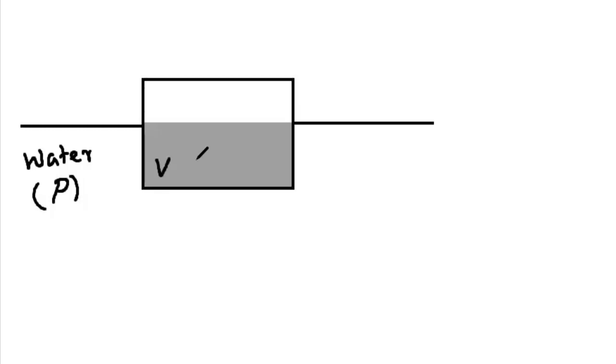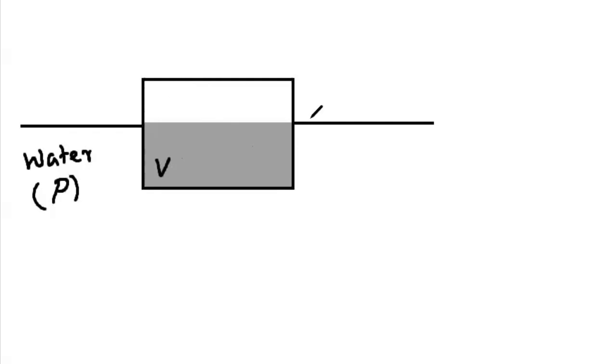Because the water molecules which were occupying that volume have got displaced somewhere else. So that volume V is the volume of the object immersed inside the liquid, or we can just write V as the volume of the liquid displaced.